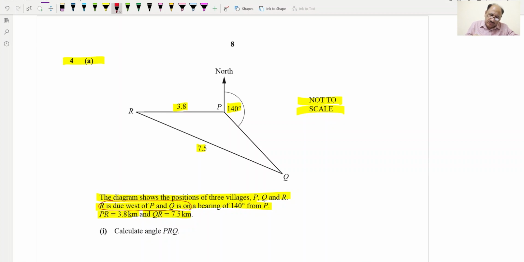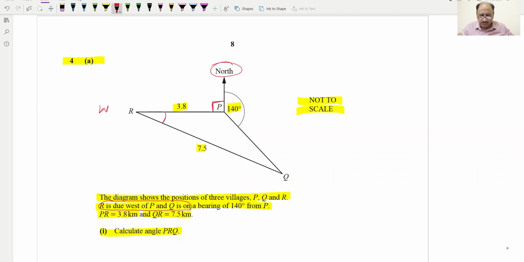Due west of P means this will be 90 degrees, because this side is north and this side is west. They are saying calculate angle PRQ, and this is the required angle.